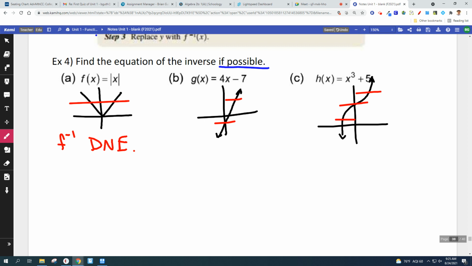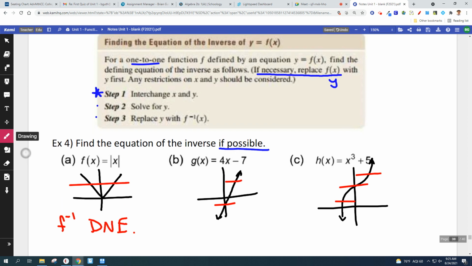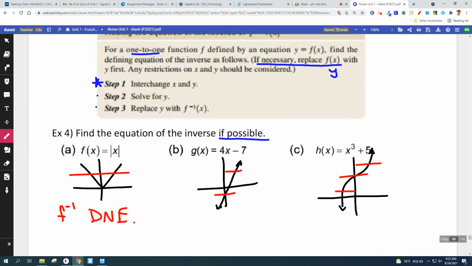So the steps are, if you go back up, this is really step 0, I guess, if you want. The first thing, change f of x to y. All right, so this is a y. Switch x and y. So if I switch x and y, I'd have x equals 4y minus 7.